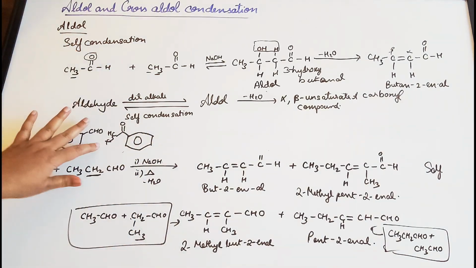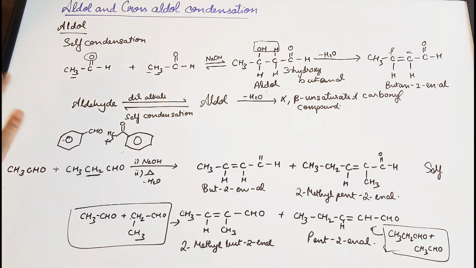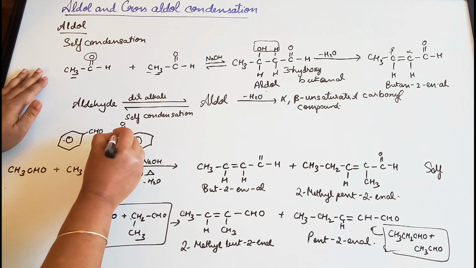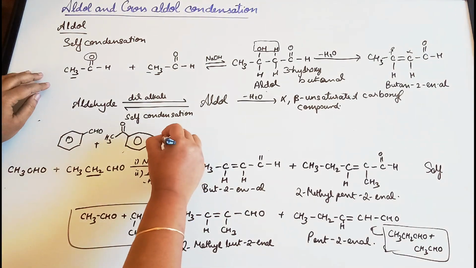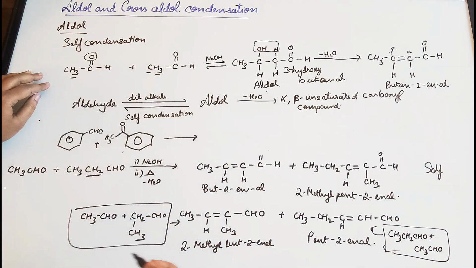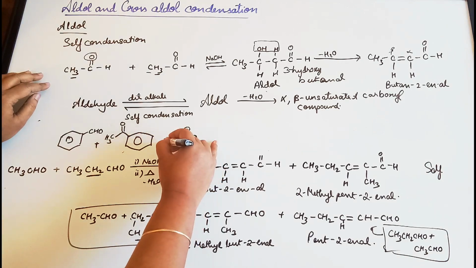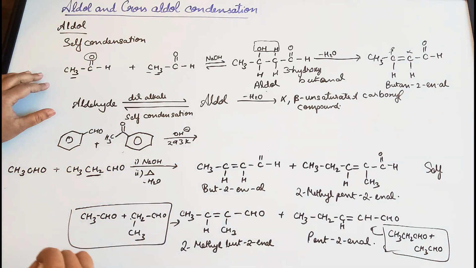Okay, so here you have an aldehyde and a ketone, but this aldehyde does not have any, and this is a CH3, if that was not clear. So this will undergo condensation, and pause for a second and think what the product must be. So this is going to be heated at 293 Kelvin.